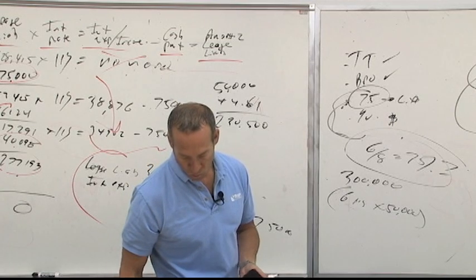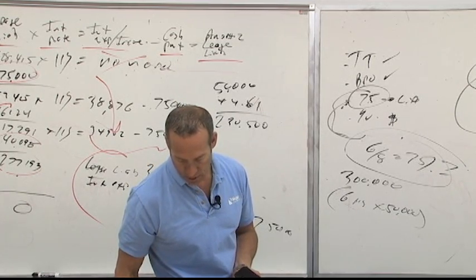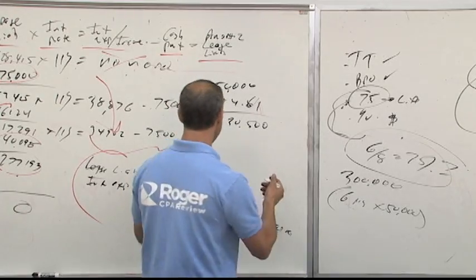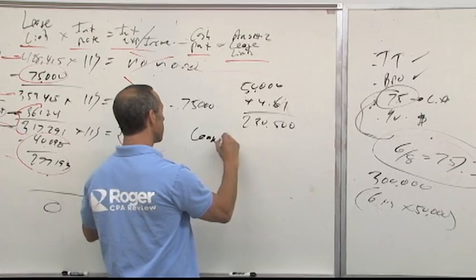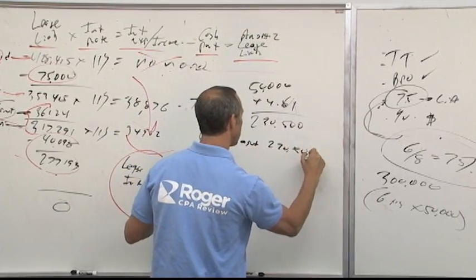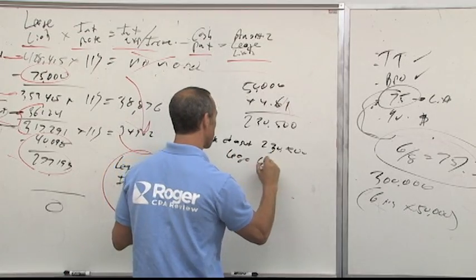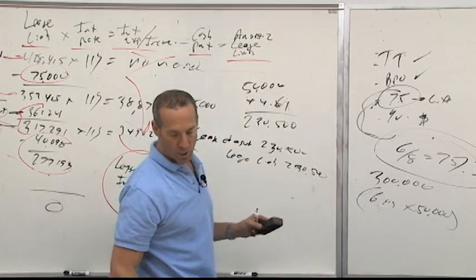The lease not renewable. So basically, debit leased asset, credit lease liability. For how much? Leased asset, $235,000. Lease liability, $235,000. That's how much we're going to record.